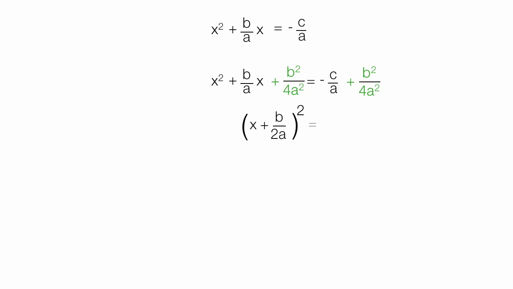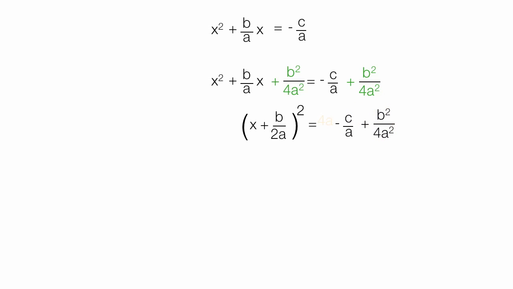And this is equal to negative c over a plus b squared divided by 4a squared.